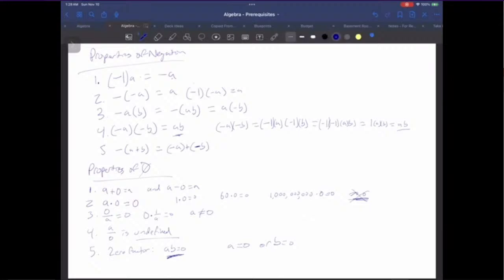So a can be 0, or b can be 0, or a and b can be 0. What is 0 times 1? 0. What is 1 times 0? 0. What is 0 times 0? 0. 0 divided by 0 makes no sense, but 0 times 0 does make sense. It's 0. Nothing times nothing is nothing.